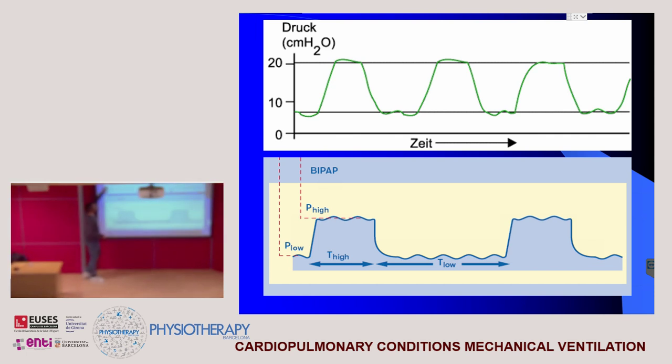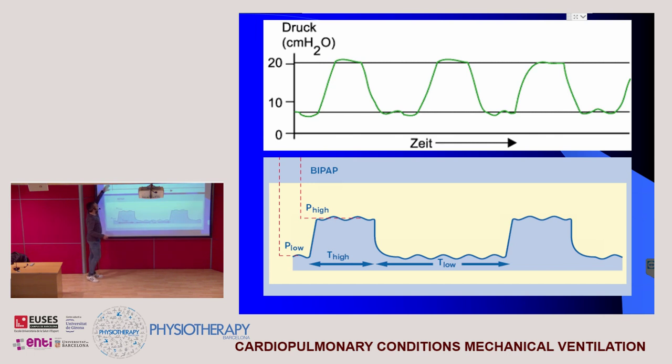The only difference is that in the previous one, the pressure support starts at 0 pressure, increases during inspiration, and during expiration arrives at 0 again. And it has been shown that if the ventilation arrives at 0, sometimes it could lead to an airway obstruction, or could lead to a little atelectasis.